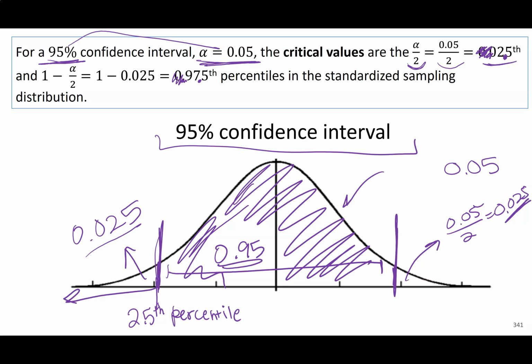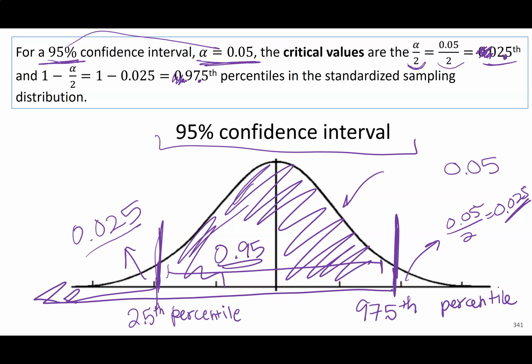Versus if I look here, I have everything this way, so 2.5% plus 95%. That becomes my 97.5th percentile. And so our critical values are going to be the z-scores that go with this: 1.96 or negative 1.96.